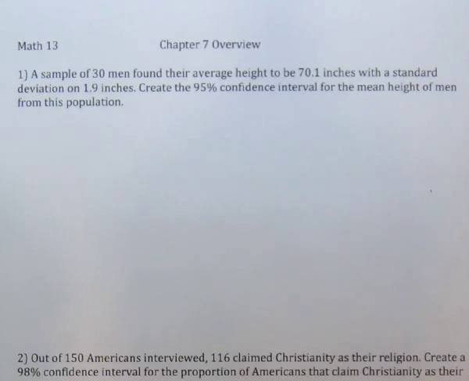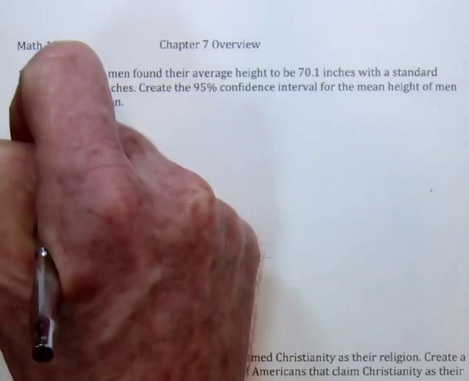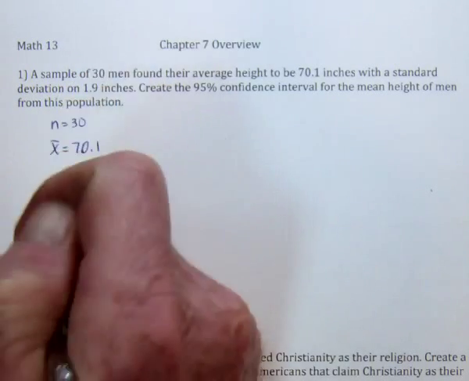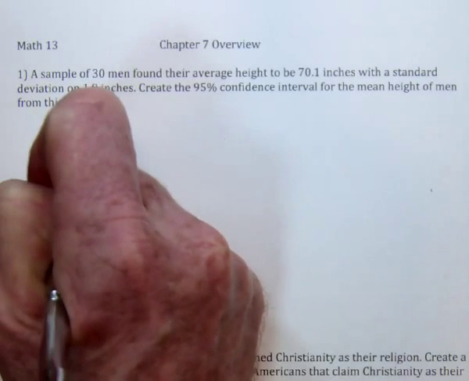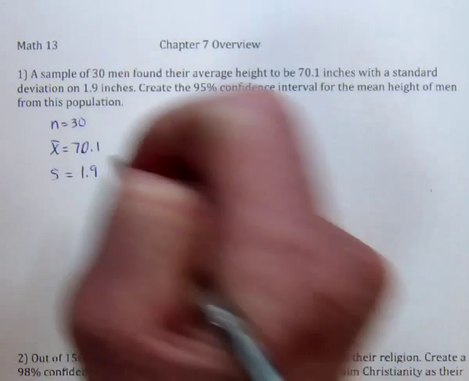So the average height for this sample of 30 men, we have n equals 30, x bar equals 70.1, and the standard deviation, since it's a sample, we use the letter S for standard deviation, 1.9.